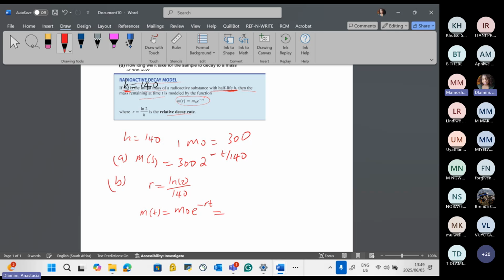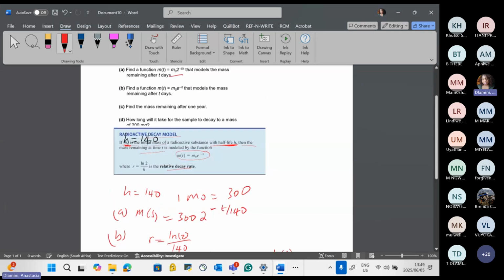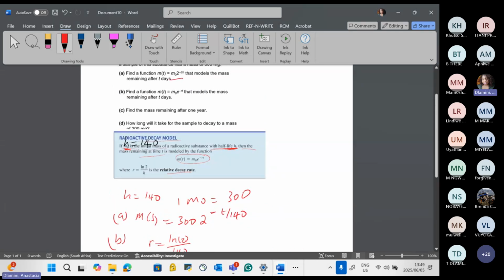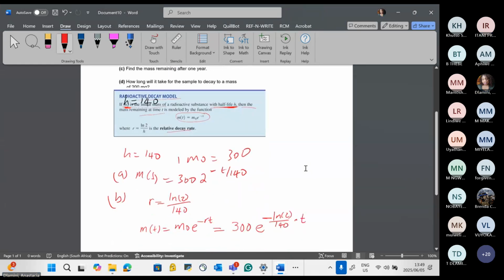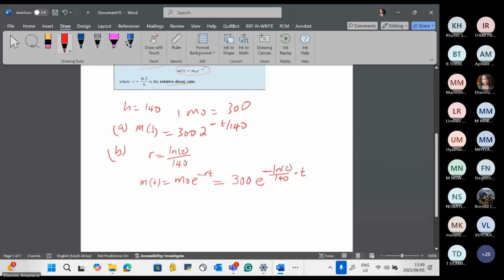You're going to substitute M, which is 300, then substitute your R, which is found there, then T. And then they say, find the mass remaining after 1 year. What do we do here? Substitute 1 for T.